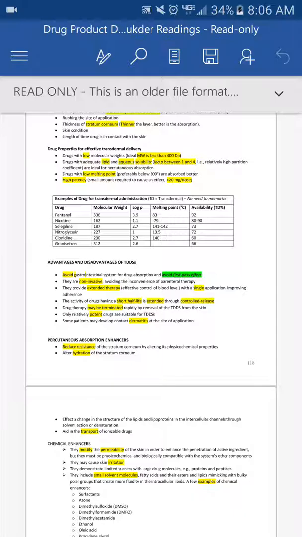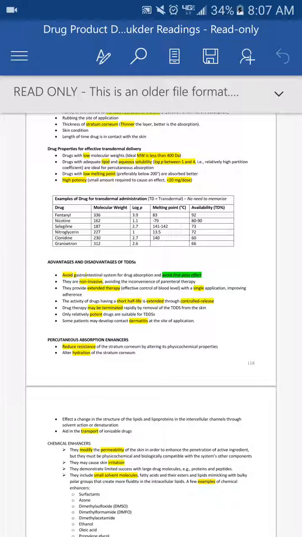We really want it to go across all of that lipidness. When you're talking about diffusing through skin layers, you have to go through so many lipid layers, so your partition coefficient is so high.